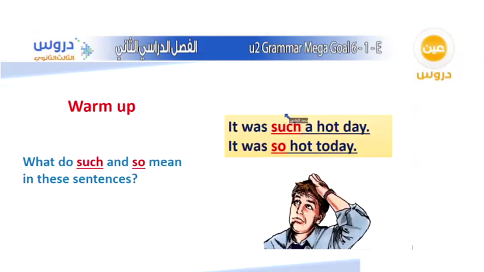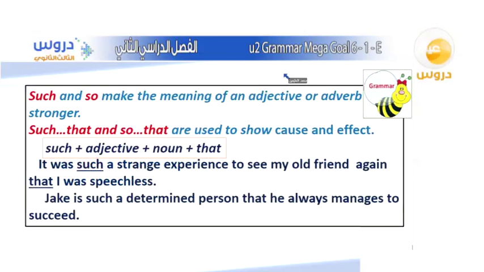They mean very. Such a hot day means it's a very hot day. It was so hot today, it was very hot today. Such and so make the meaning of an adjective or adverb stronger. Such that and so that are used to show cause and effect.